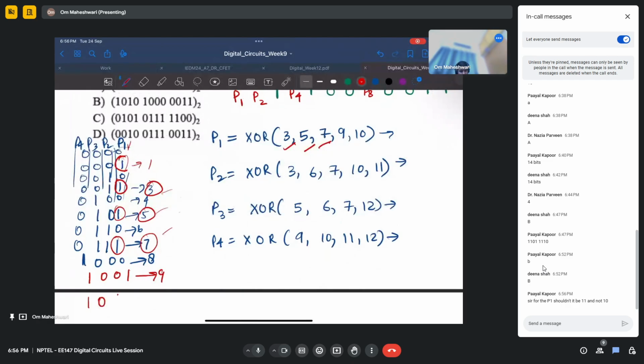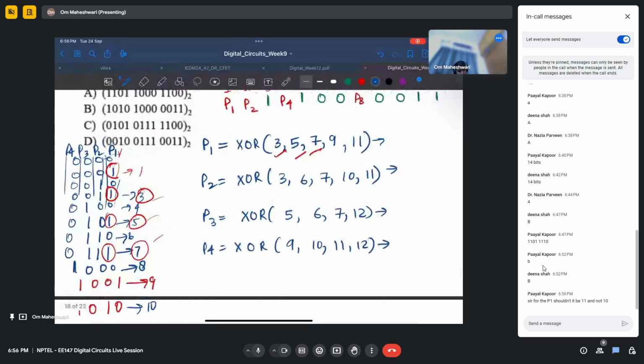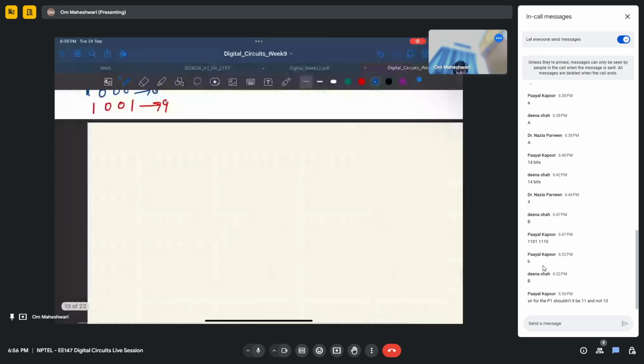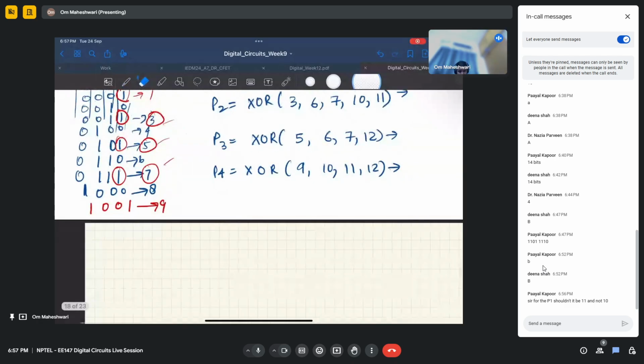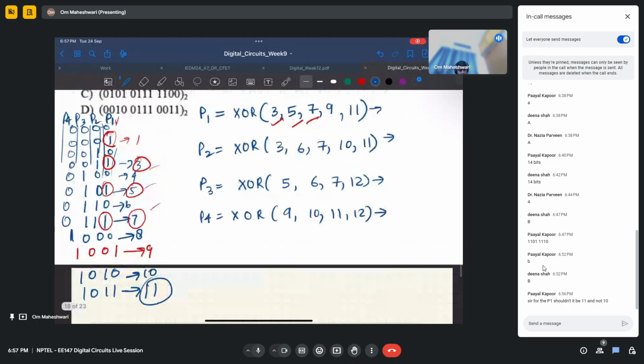It should be 11, sorry. This is 10. Let me add a page. Yeah, it should be 11. 10 is 1010, and 11 is 1011. So all those numbers whose binary expansion has 1 in their LSB will come here in the XOR of P1.